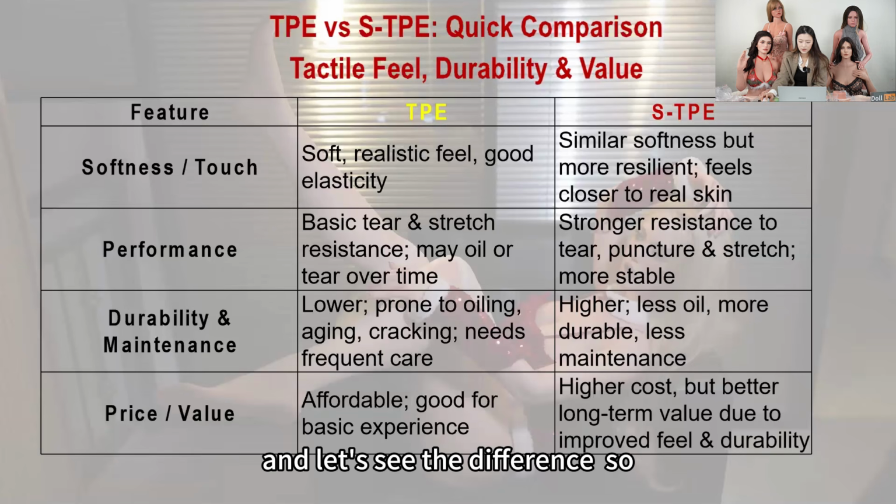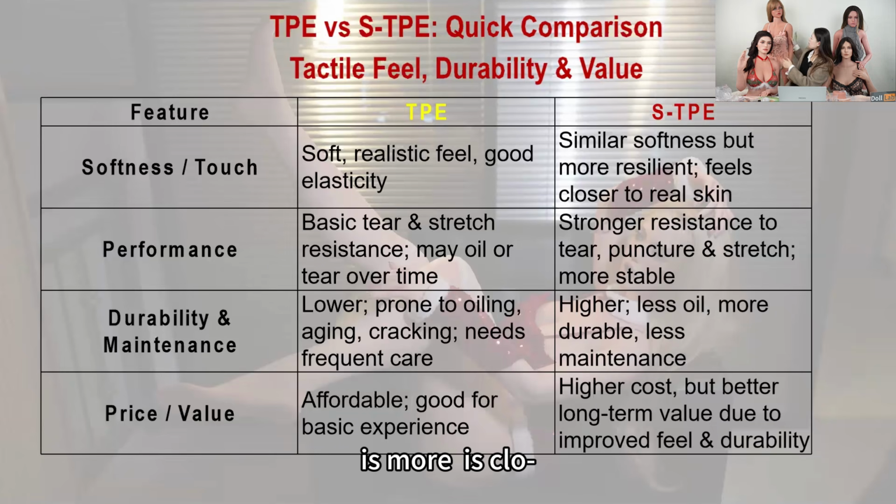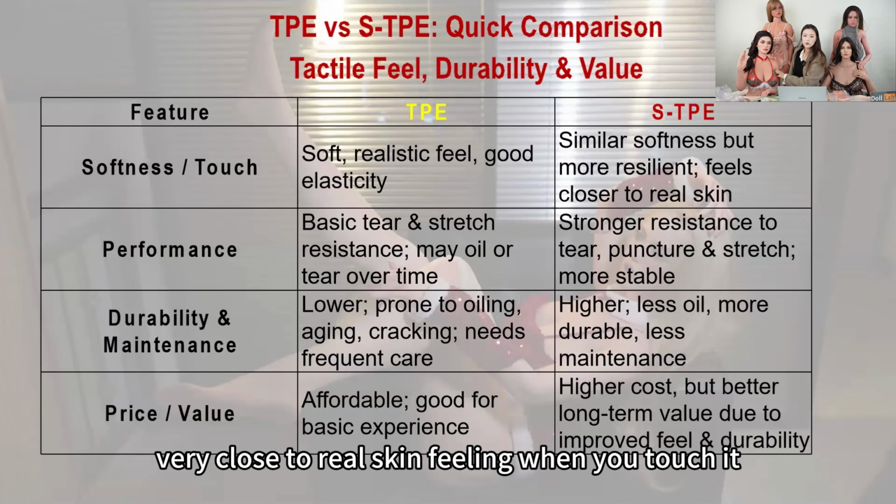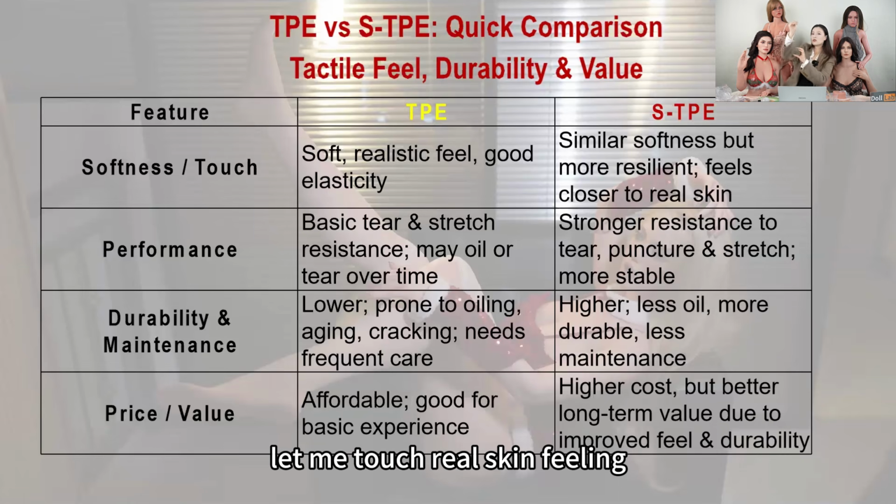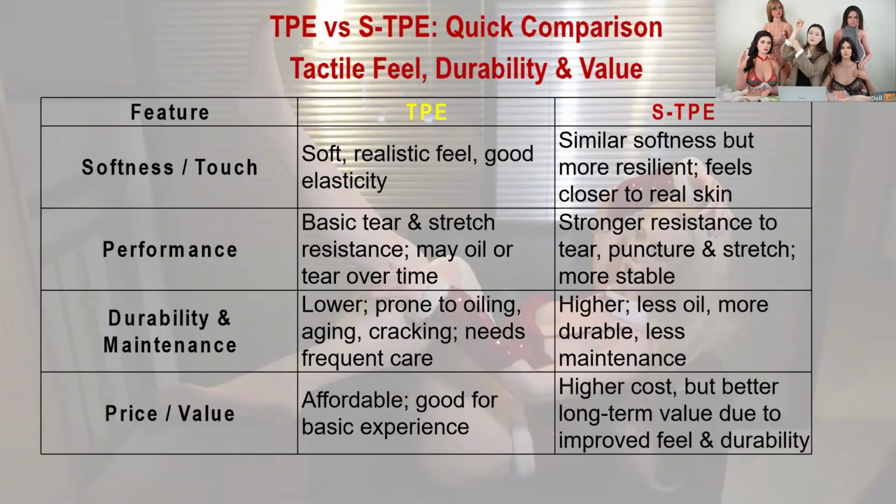And let's see the difference. So for softness, it's kind of similar. It's very close to real skin feeling when you touch it. Let me touch real skin feeling. I get muscles, she doesn't. Okay, just kidding. Softer than me.